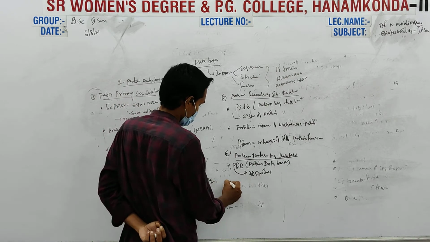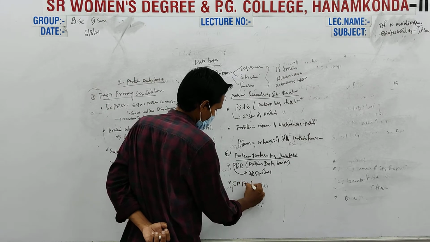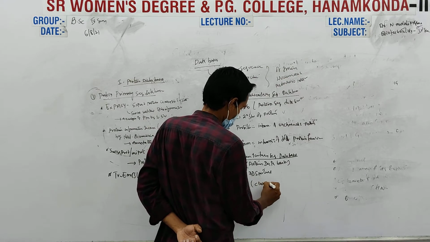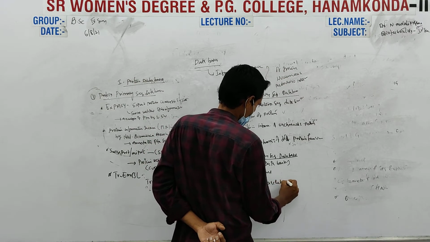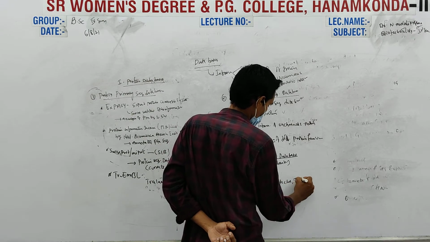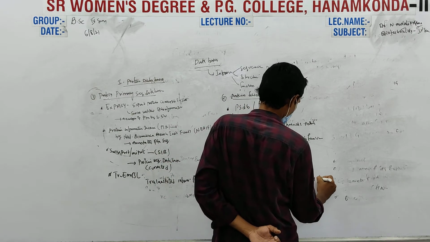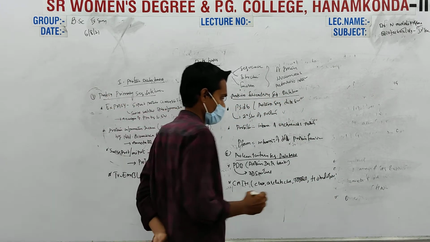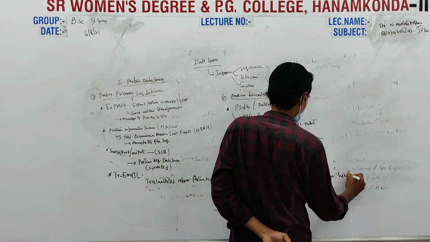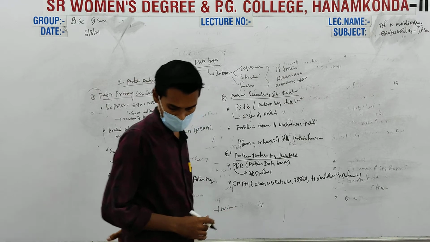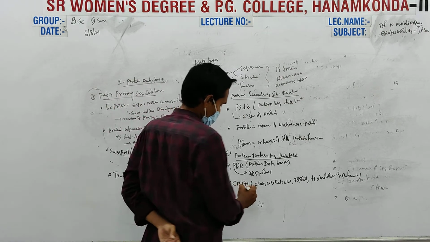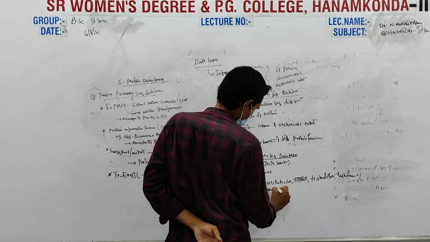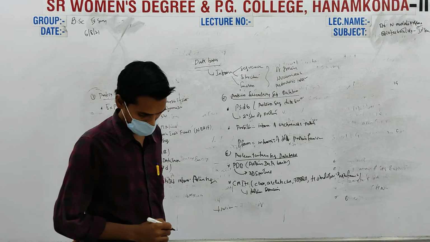Next one is CATH, which is Class, Architecture, Topology and Homologous superfamily, which is mainly for information about protein domains.